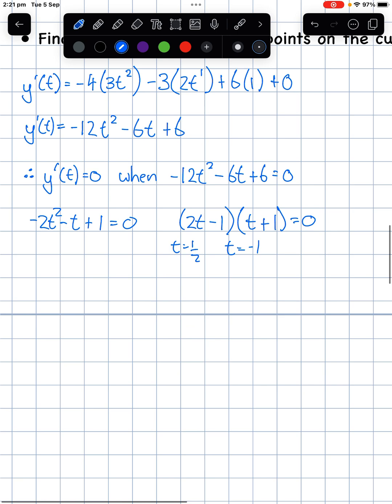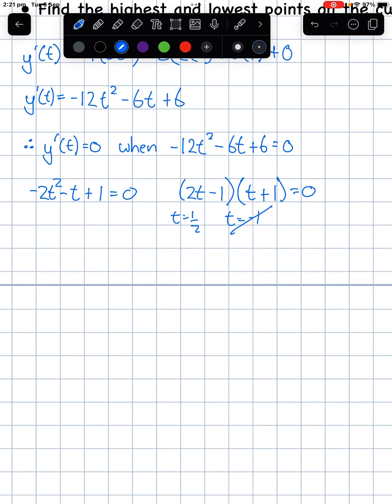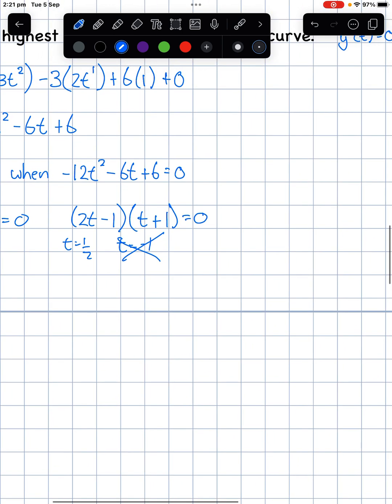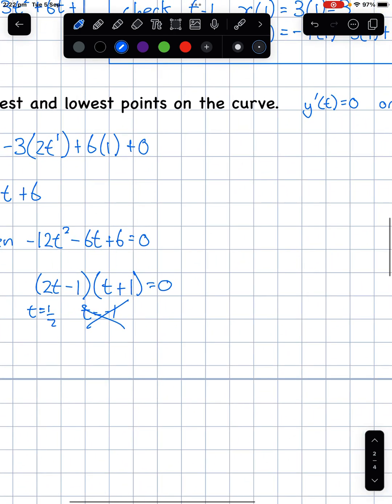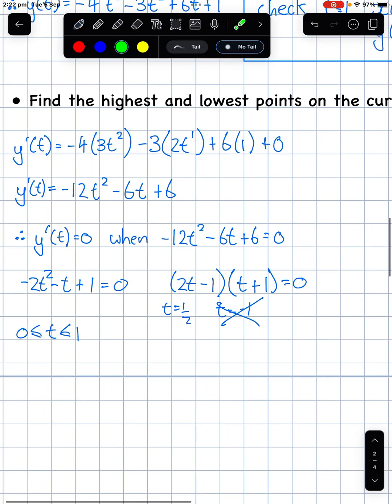Now, you've got to remember that t has to be within the domain. So that one can't exist because we've got 0 less than or equal to t less than or equal to 1. So this provides us with our solution, t equals 1/2. What we need to do now is put t equals 1/2 into our formula for x and y, the x and y coordinates.